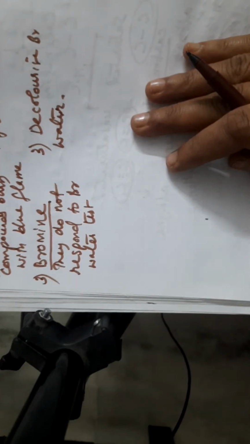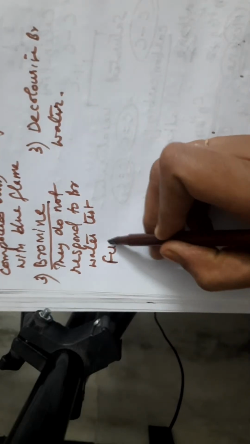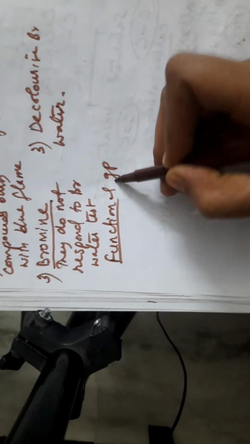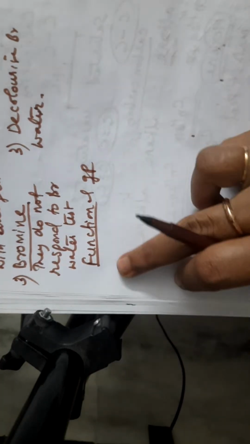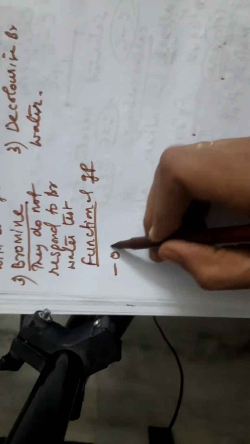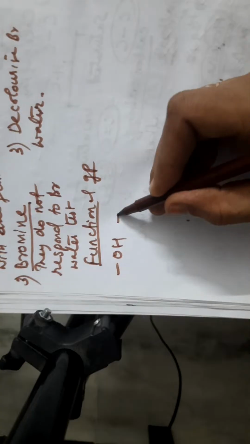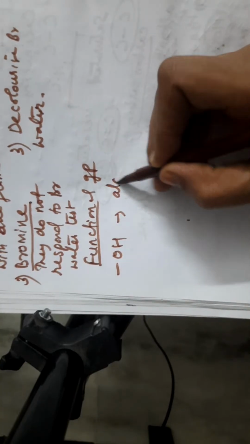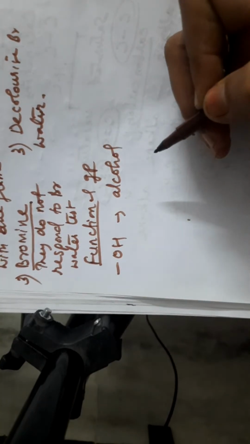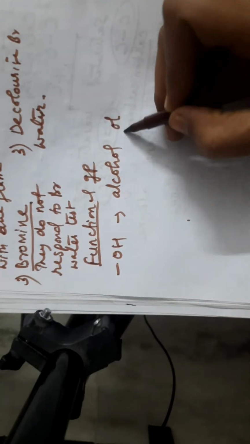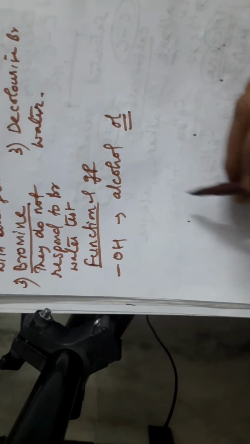Next, after saturated and unsaturated hydrocarbon, we have functional group and homologous series. Functional group: if OH is there, we call it alcohol, where ol is added as suffix.